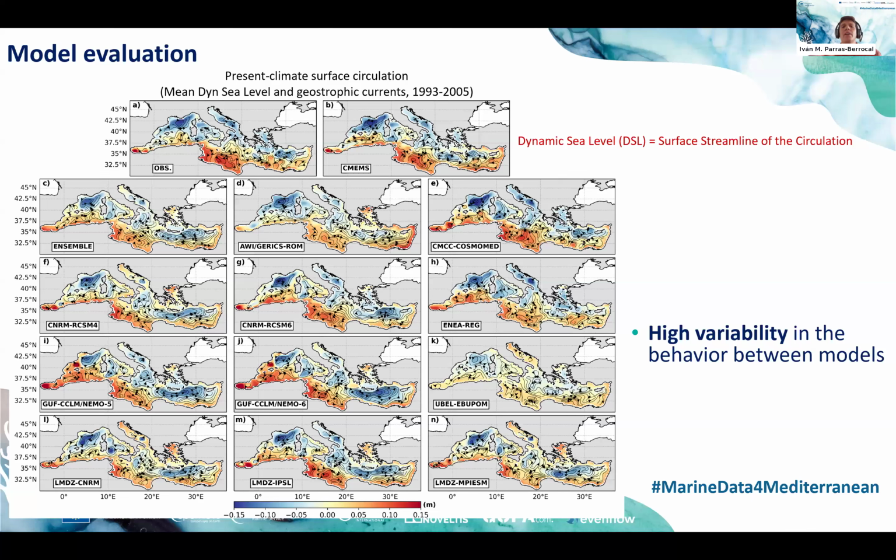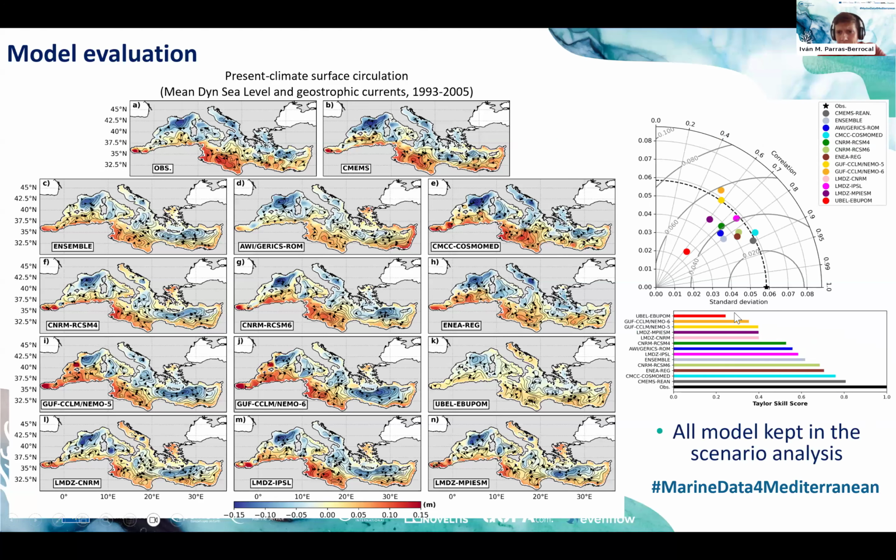The models with higher resolution are able to better reproduce the observed pattern, while the models with lower resolution, like UVL, present more deficiencies to simulate the surface circulation.